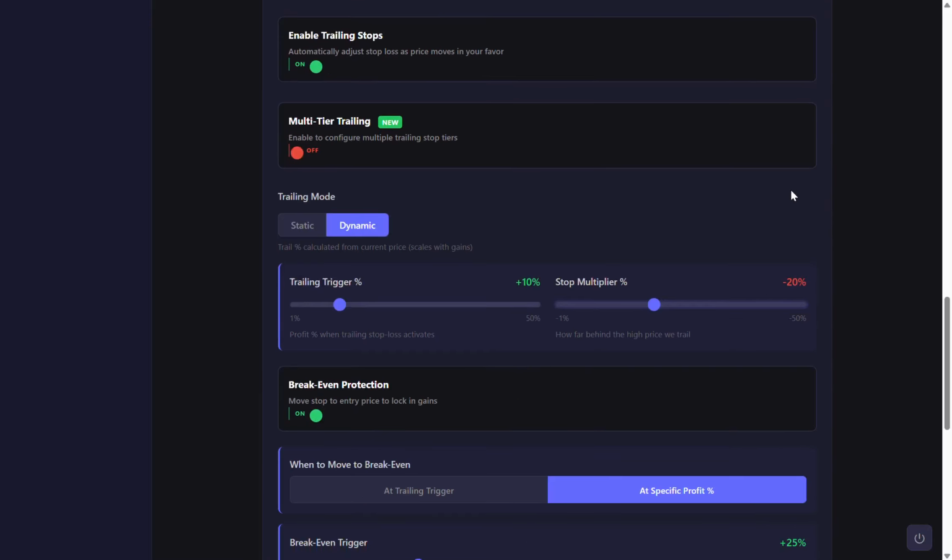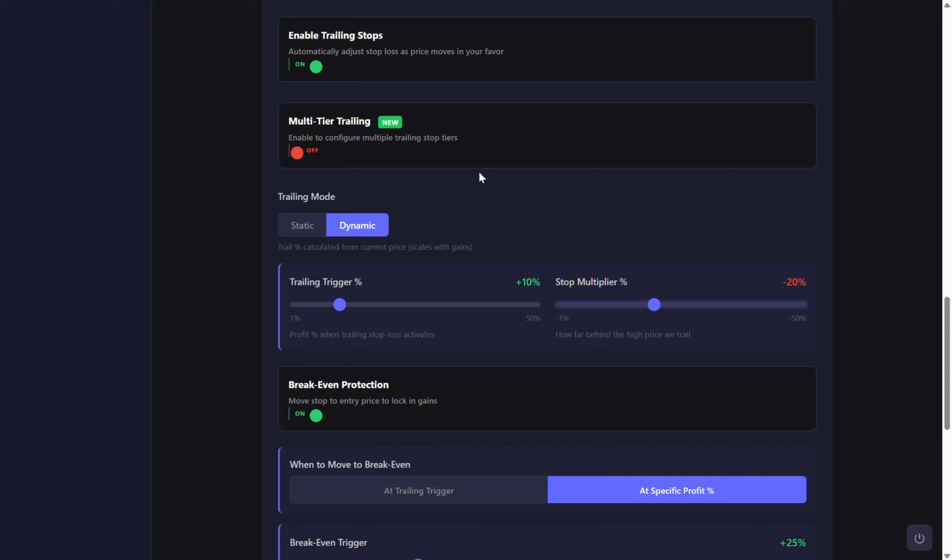Once that price moves up 10%, your stop loss is going to move to 20% below that price. And then as that price moves up, this is going to follow it. It's going to trail that price as it moves up. If it moves back down, it'll stay where it's at. Okay. If it moves back down to 20% below that price or more, it will stop you out. So it's a trailing stop right at this number.